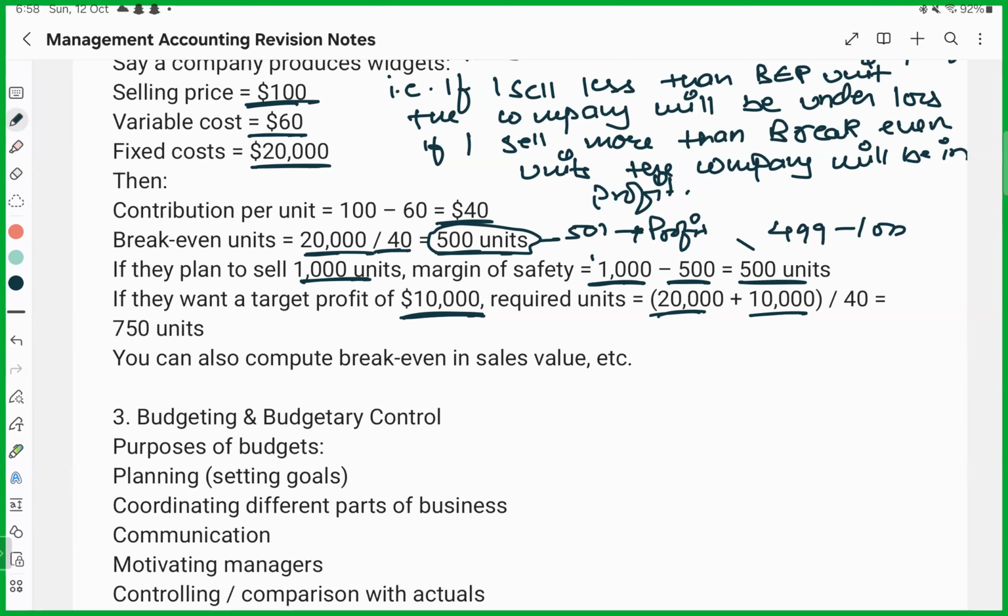So we decided to keep a selling price at rupees 30. Another method of calculating: we have the total fixed cost that is required, that is 20,000, and we need 10,000 rupees as profit. So the total amount the company actually wanted to achieve is 30,000 rupees. What is my contribution per unit? Let's say 40. So the number of units that I want to manufacture is going to be 750 units.